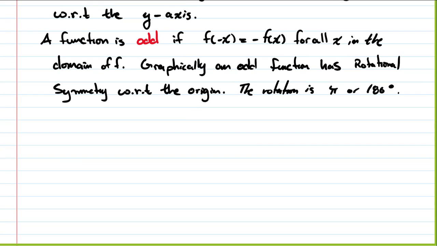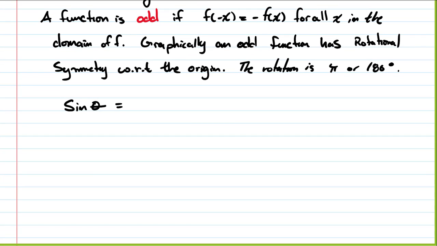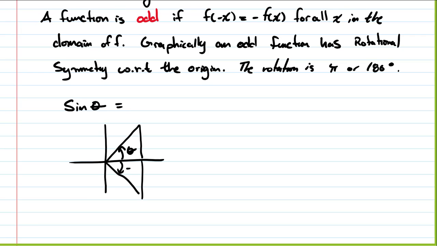Well, let's see if we can figure out what's going on with sine. So if we take sine theta, it's going to equal something. So let's draw a reference angle. If this is my reference angle theta, negative theta would be the exact same angle, but in the opposite direction, right? Because it's a negative angle.